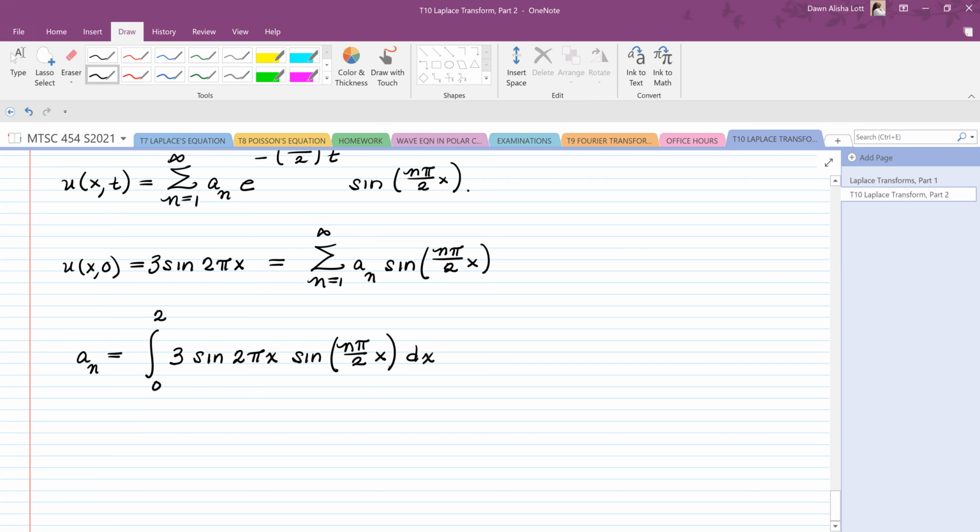And I think the only thing we're going to get is when n is 4. That's my guess. We only get a solution when n is 4 because of orthogonality, but let's find out for sure. So let's go to our integral calculator.